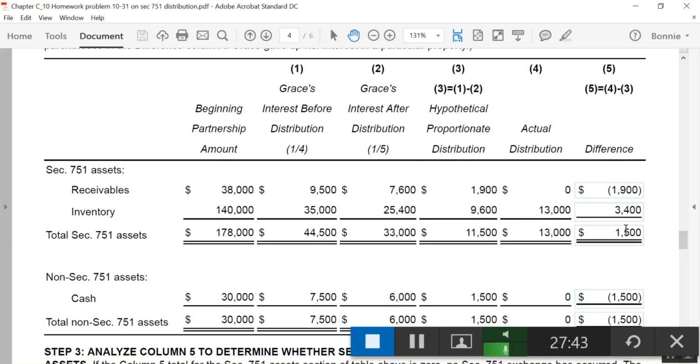And that would just mean that she gave up the same worth of one kind of 751 asset for some other kind of 751 asset.